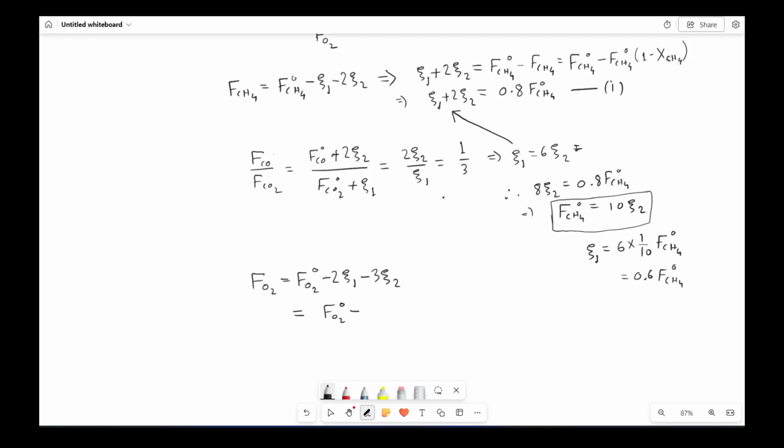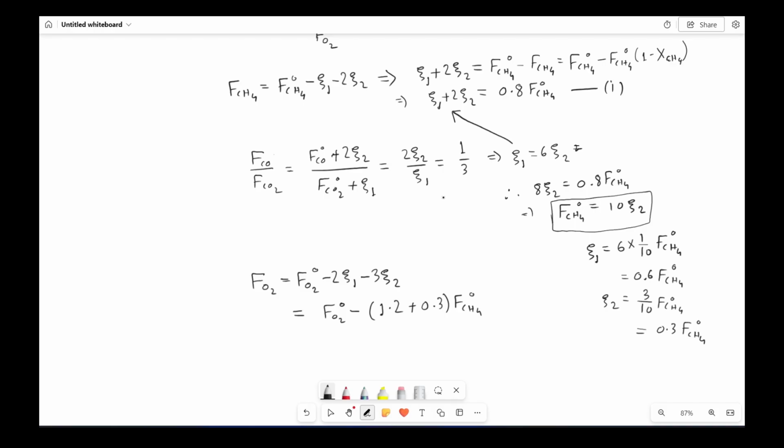So I will simplify the expression: 1.2 plus 3 zeta 2, where zeta 2 is also 3 by 10 FCH4 naught. I am writing everything in terms of CH4 naught, which is supplied in the feed. So this is 0.3 FCH4 naught.